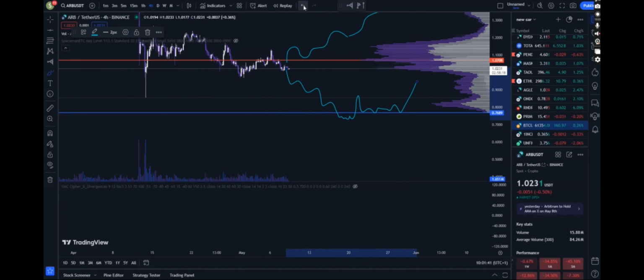So these are the areas that I'm looking at the minute. So I'm looking around this area, and I'm also looking around this area. We want to see it push up outside, retest, and then push off. But I'll be waiting for that.